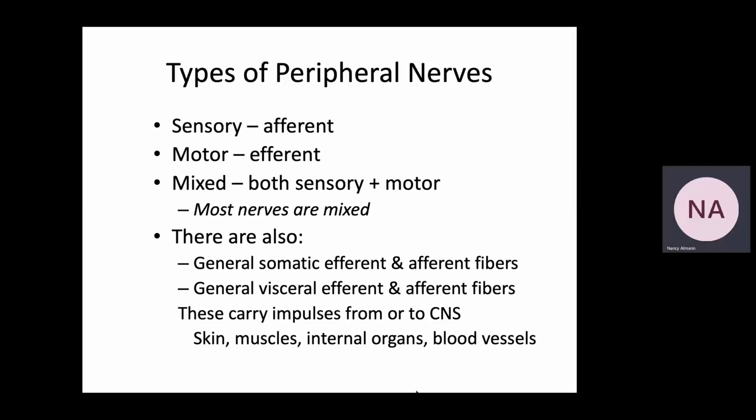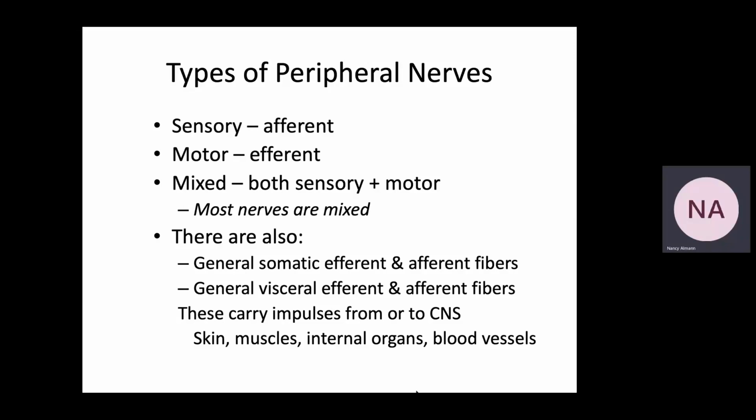There will also be additional fibers. Don't panic when you look at these terms. Remember that somatic means body. Efferent means outgoing information, in other words, motor information. Afferent means incoming information, in other words, sensory information. And of course, visceral information is going to be from your body organs.